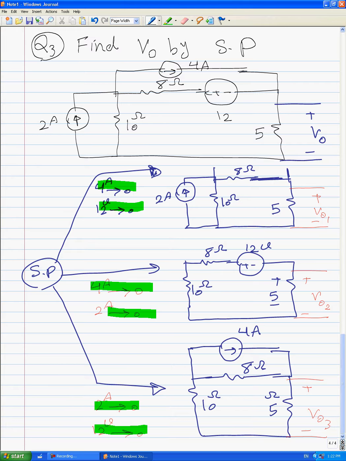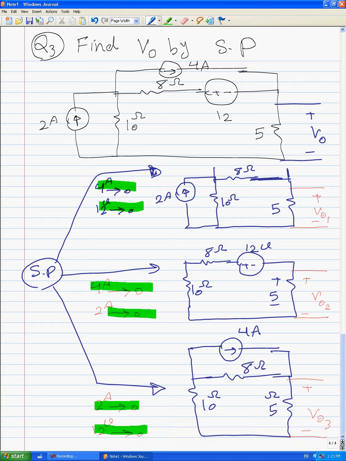Now we can use KCL and KVL for solving any sub-circuit. You can see solving any sub-circuit is easy. We only have a simple circuit and we can solve it using only one equation and one unknown.